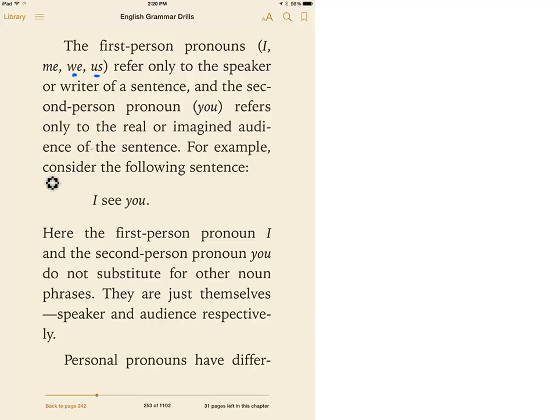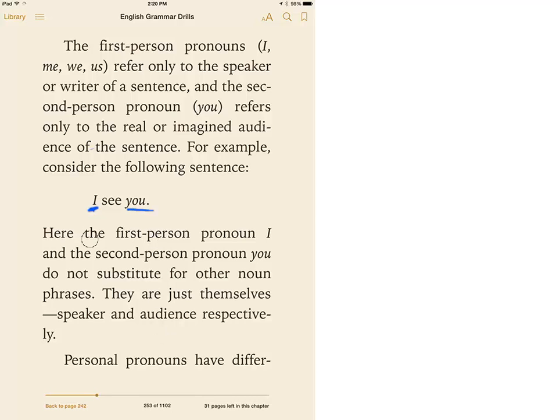The second person pronoun you refers only to the real or imagined audience of the sentence. For example, consider the following sentence: I see you. Here, the first person pronoun I and the second person pronoun you don't substitute for anything. They don't replace anything. They're just the subject and the object.